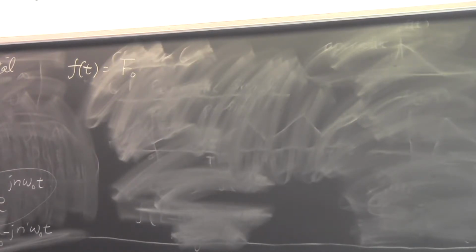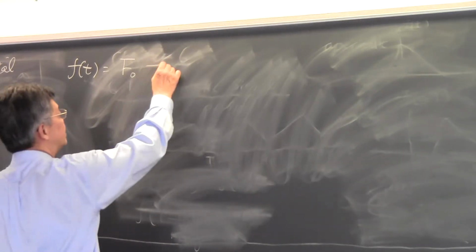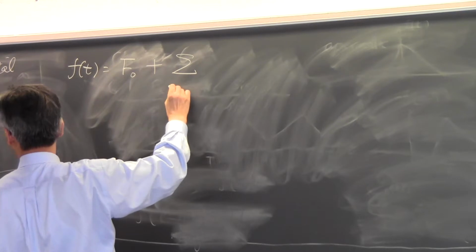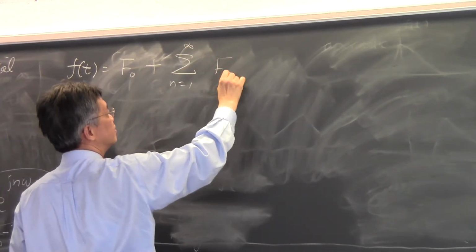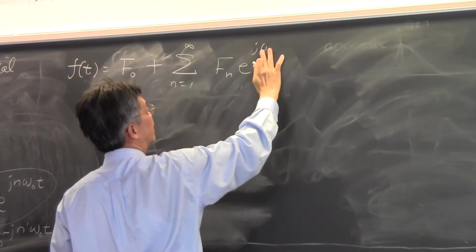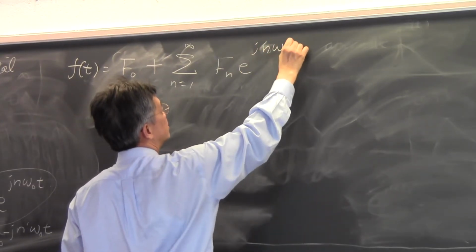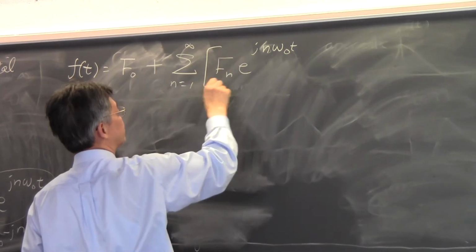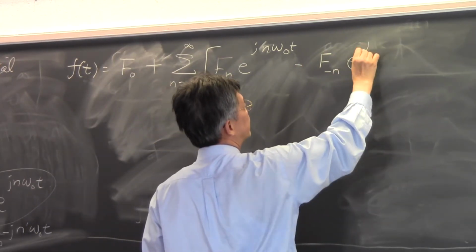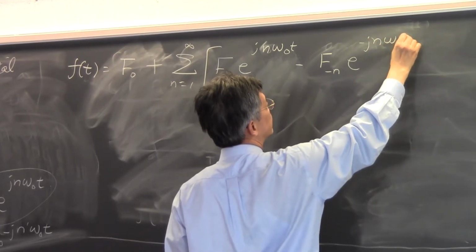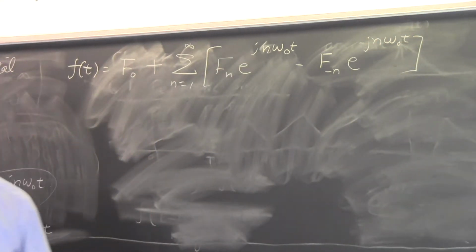Okay, plus the sum of this together with that. Okay, I can put them under one sum. n equals 1 to infinity f n e to the j n omega naught t, which is the first term coming from there. And then the second term is f of minus n e to the minus j n omega naught t. n is just a dummy variable. So I can call my n prime to be n again for the second sum.